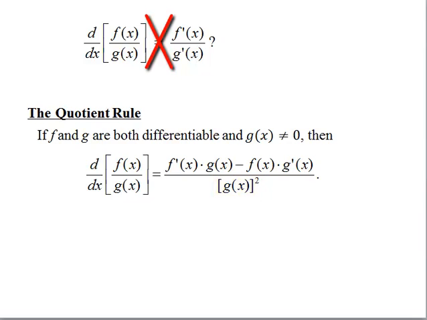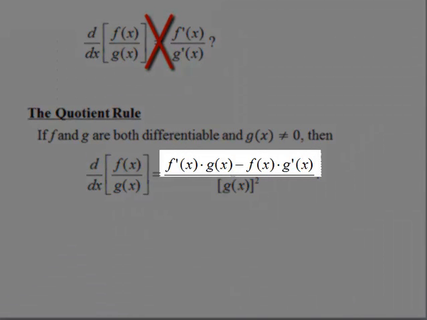You cannot switch the order of these two terms. A tip to memorize this formula is that if you compare the numerator part of this formula with the product rule, you will find the only difference is this subtraction instead of the addition in the product rule.